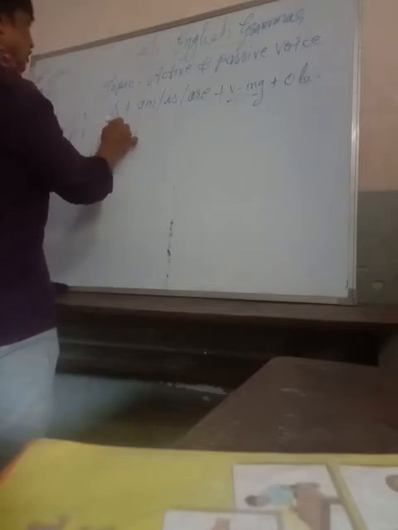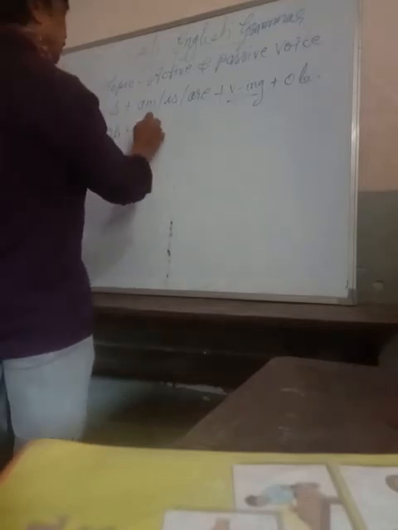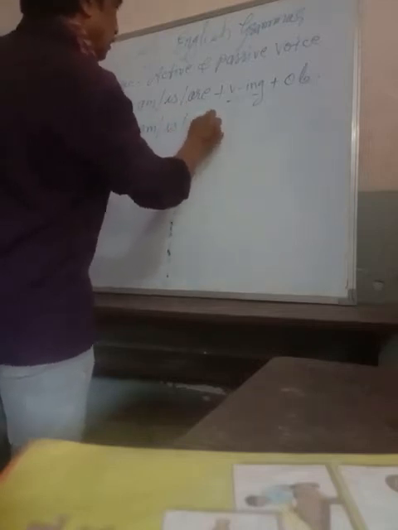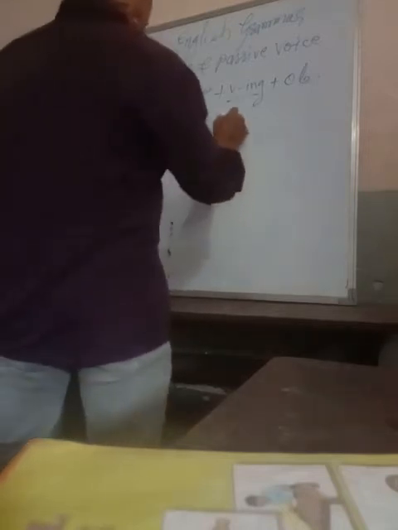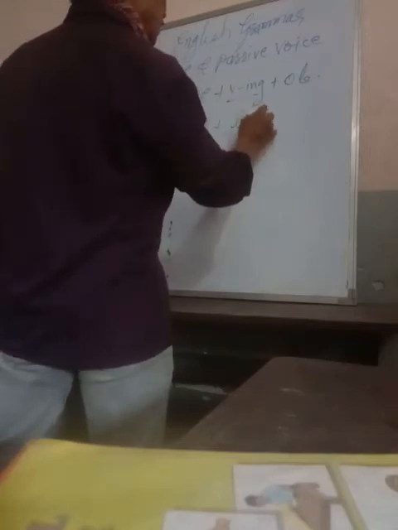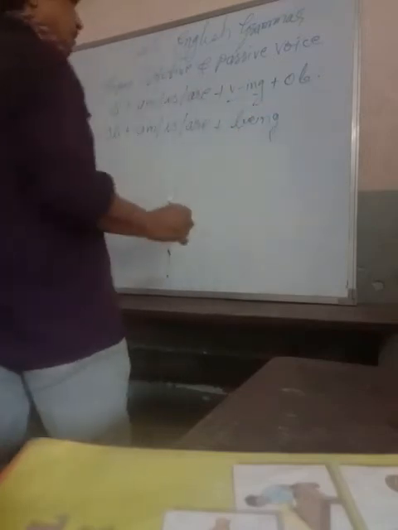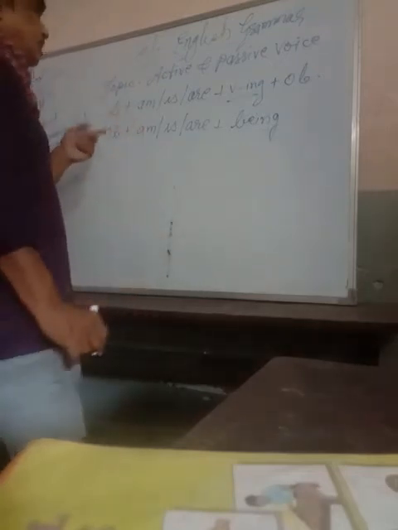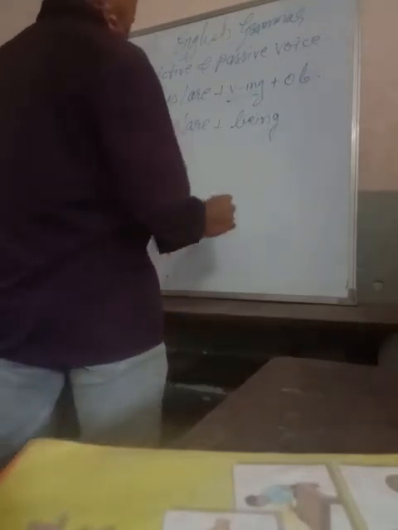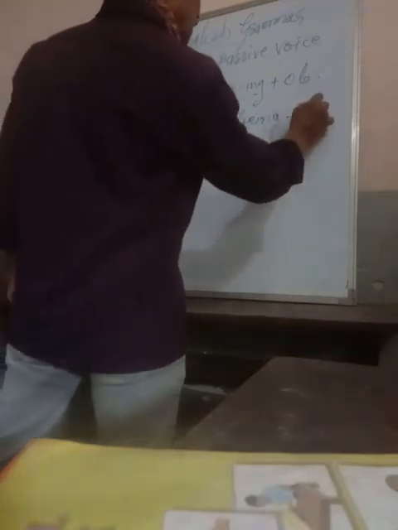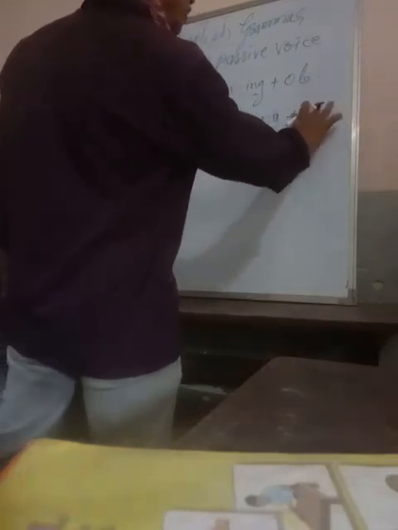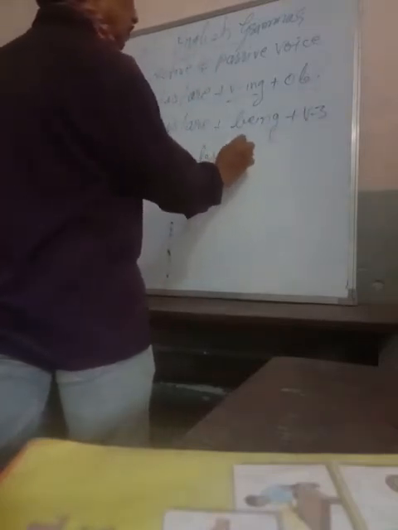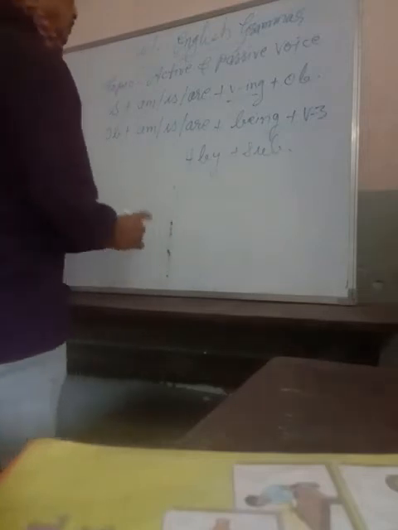Object comes first, then am/is/are as usual, plus being, to be form of continuous tense. Being is used in any continuous tense of any kind of tense. So am/is/are plus being plus V3, past participle of verb, plus by plus subject.